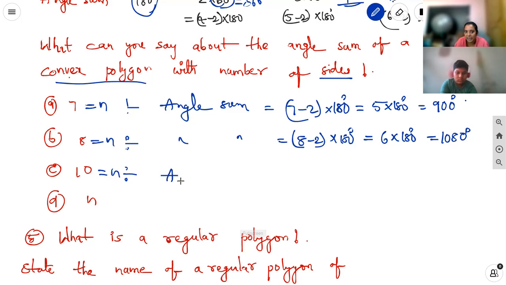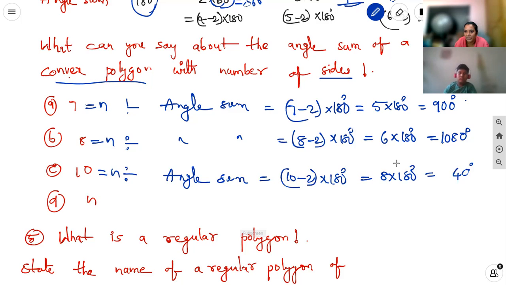In this, angle sum equals 10 minus 2 into 180 degrees, equals 8 into 180 degrees. 8 zeros are 0, 8 eights are 64, 8 ones are 8 plus 6 is 14: 1440 degrees. If the number of sides is n, the angle sum is equal to (n minus 2) into 180 degrees.